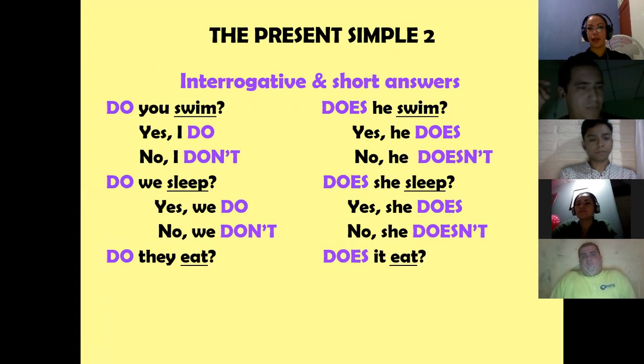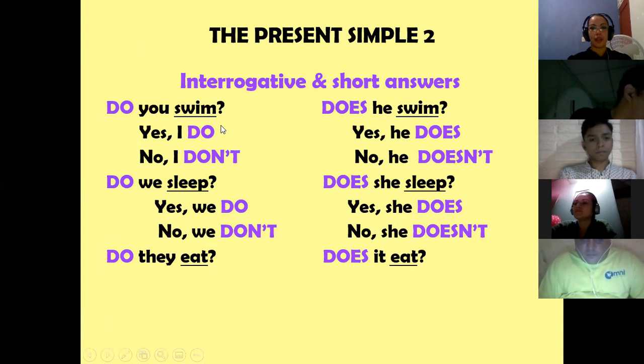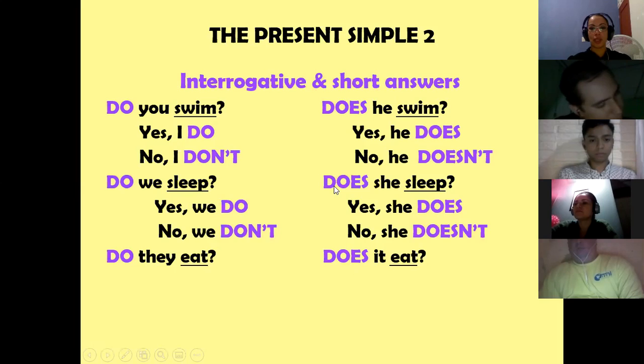How does it work? With the third person singular, it means he, she, or it, I use the auxiliary does, as you can see here in the example.